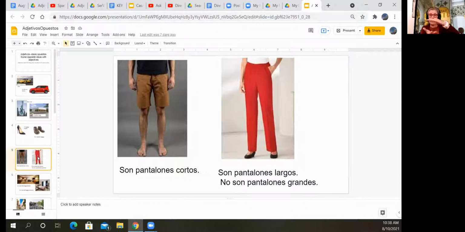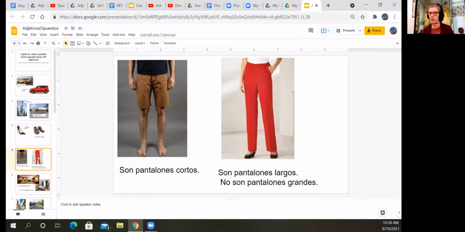If I'm talking about short and long, not tall and short people or tall and short buildings, but length, like pants, right? Things you wear, skirts, pants, sleeves, right? You've got long sleeves, you've got short sleeves, okay.